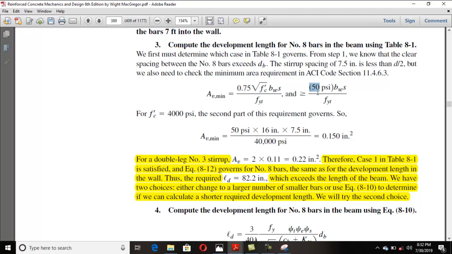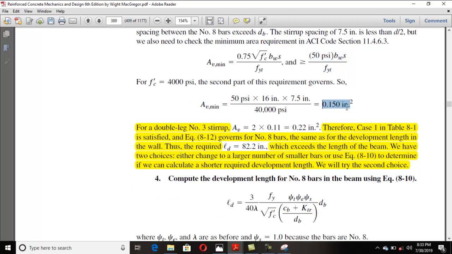You will get one value from this and one value from this, so select the minimum value of Av. Just putting 4000 in this, the second part will give you the required value, that is 0.15. As 0.15 is less than 0.22, the provided Av is greater than Av minimum, so our ACI code provision is accomplished.